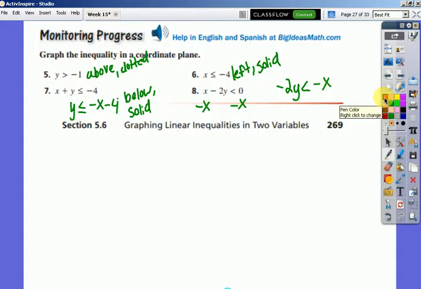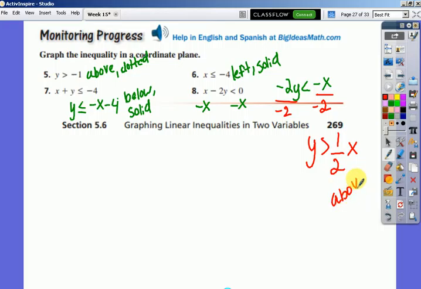I flip the inequality. So negative 2 divided by negative 2. And so I end up with y is now greater than 1/2 x. So is that above or below? You're going to shade above your line, and that's going to be solid or dotted? Dotted.